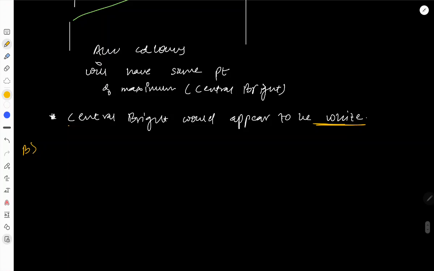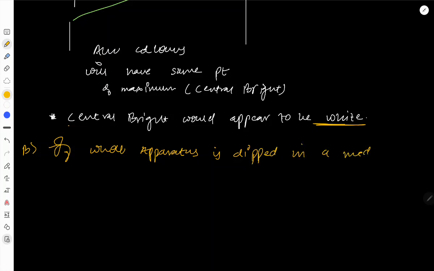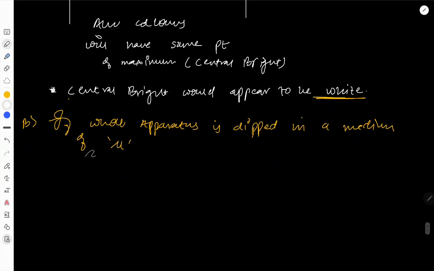Now the second case is if the whole apparatus is dipped in a medium of refractive index mu. It is very easy.